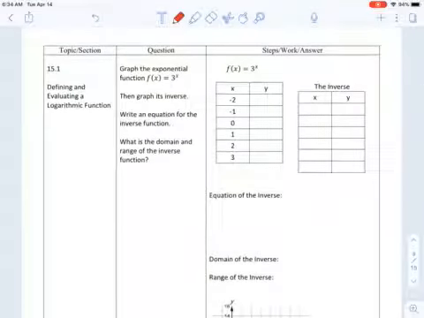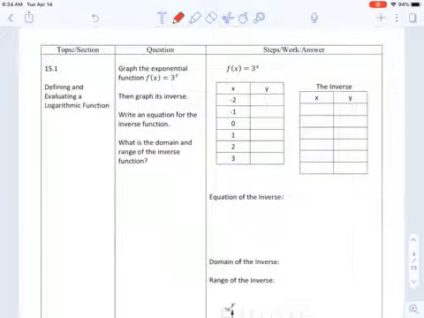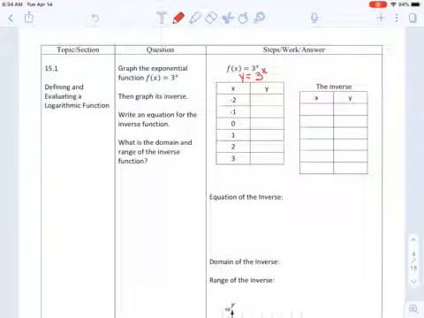Okay, so on your page of notes there, looking more at 15.1 and looking at the graph of the inverse. So f of x equals 3 to the x power, of course, is the same as y equals 3 to the x power.